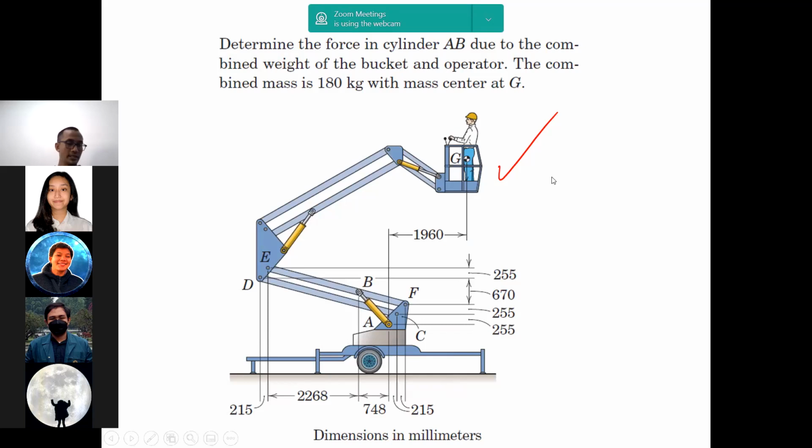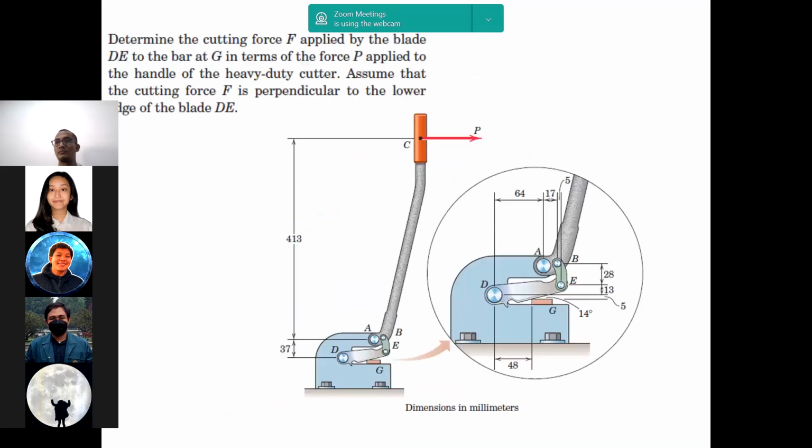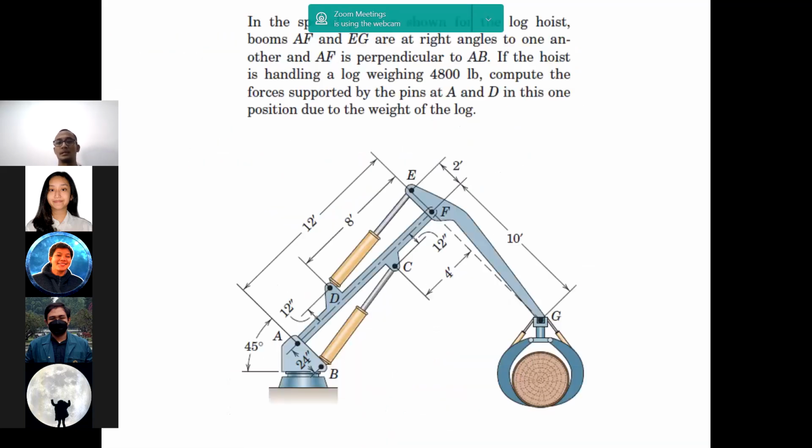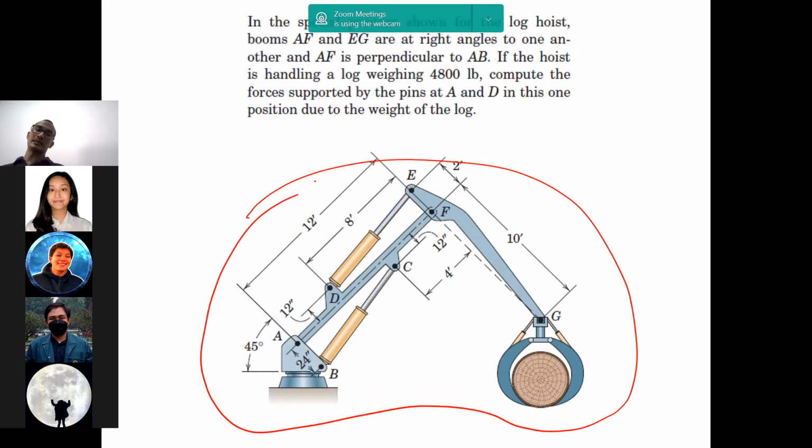Then for today, I think the last problem that I will discuss today is this one. This is a machine problem that is quite interesting. And I believe you can solve it.